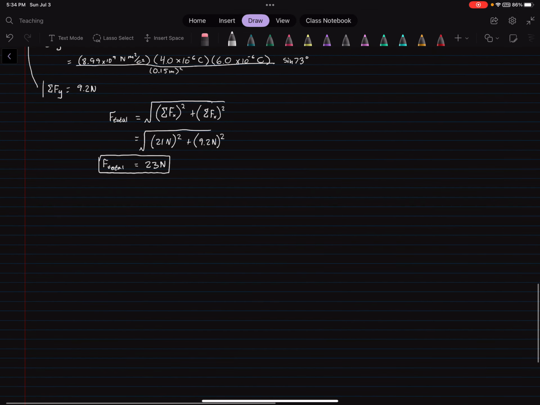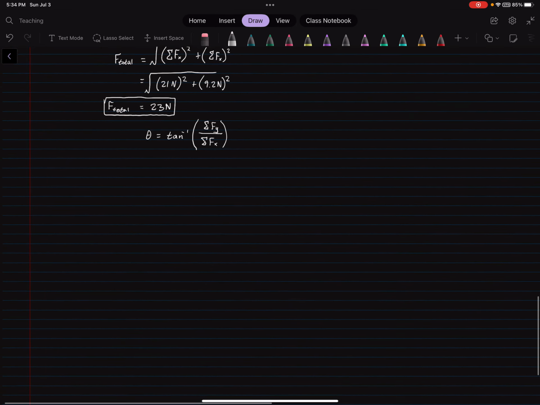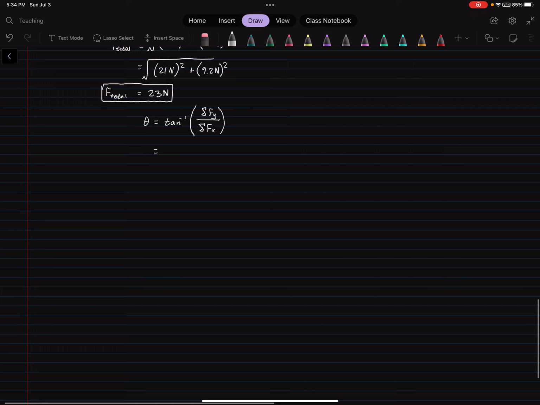And that is found, again, with both components. So that's found with the inverse tangent of the y over the x. So sum of fy over sum of fx. And if you compute that, then you should find that theta is equal to 24 degrees. So that is the direction.